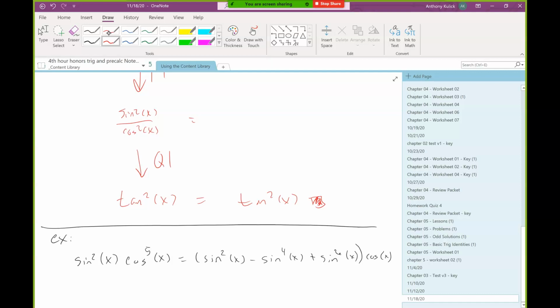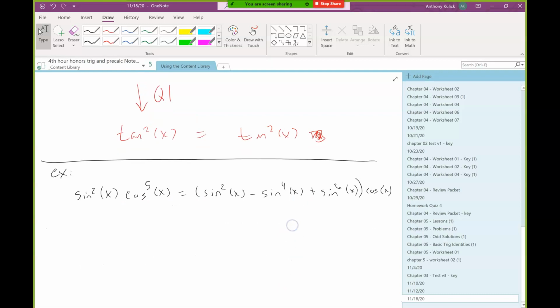I would think that probably we would want to start on the right-hand side, although the left-hand side is still totally doable.